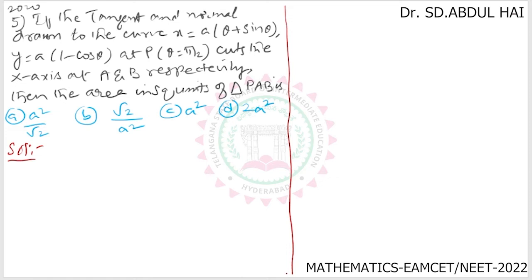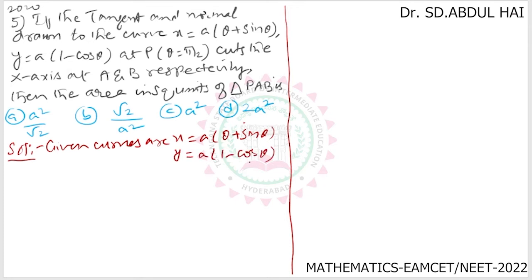Now the given curves are x equals a into theta plus sin theta, and y equals a into 1 minus cos theta. If I differentiate these with respect to theta, I get dx by d theta and dy by d theta, and in short dy by dx equals dy by d theta divided by dx by d theta, which is nothing but sin theta divided by 1 plus cos theta.